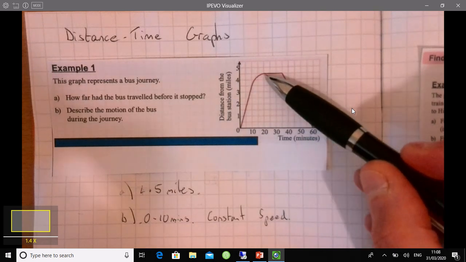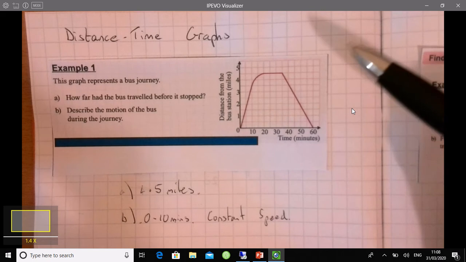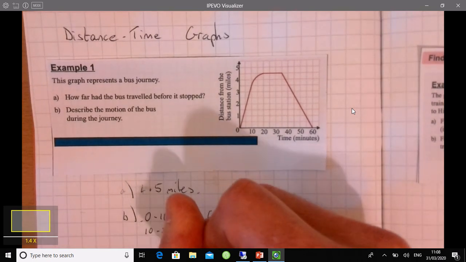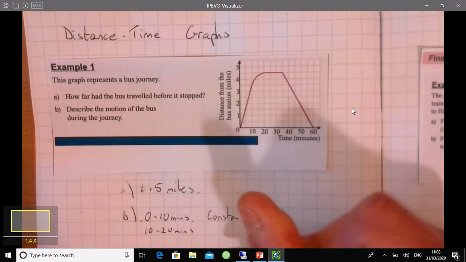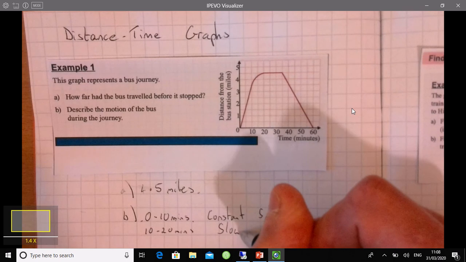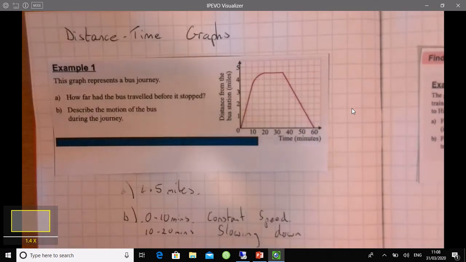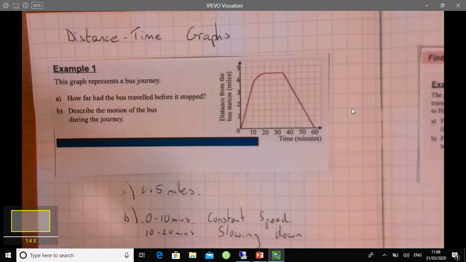Right, so we're getting slower. So 10 to 20 minutes, we're slowing down. As long as you've got that in there, then that's fine. If you can use the word decelerating, then that's even better.